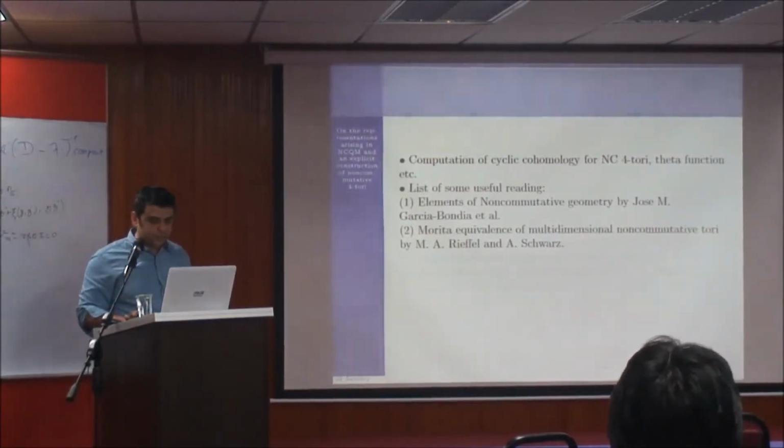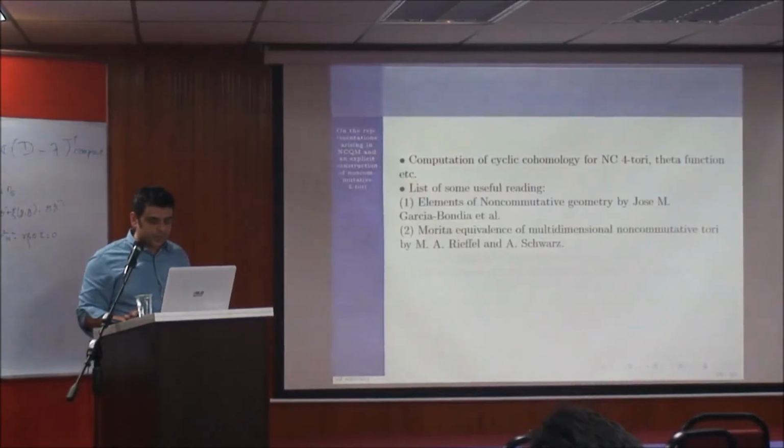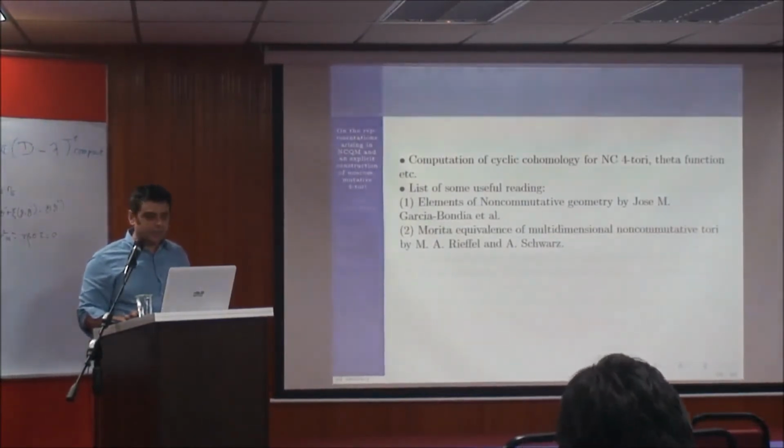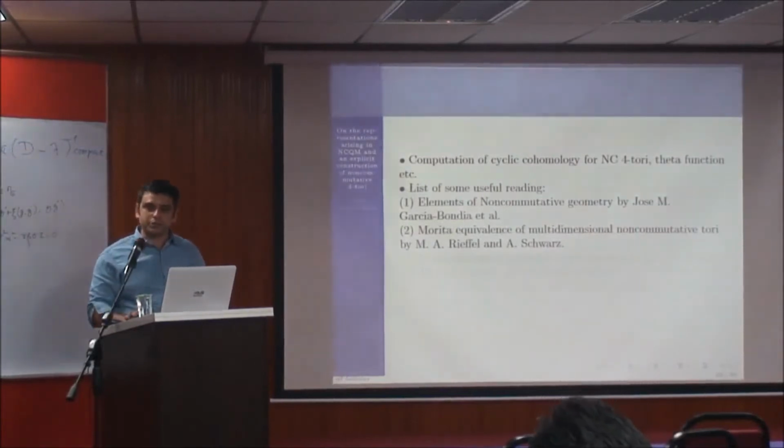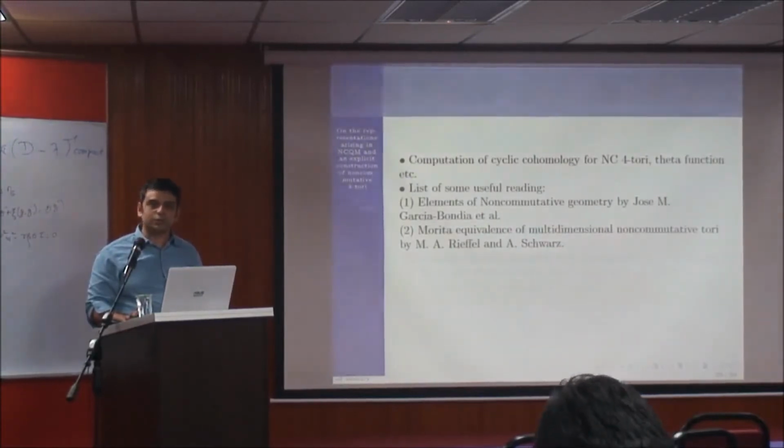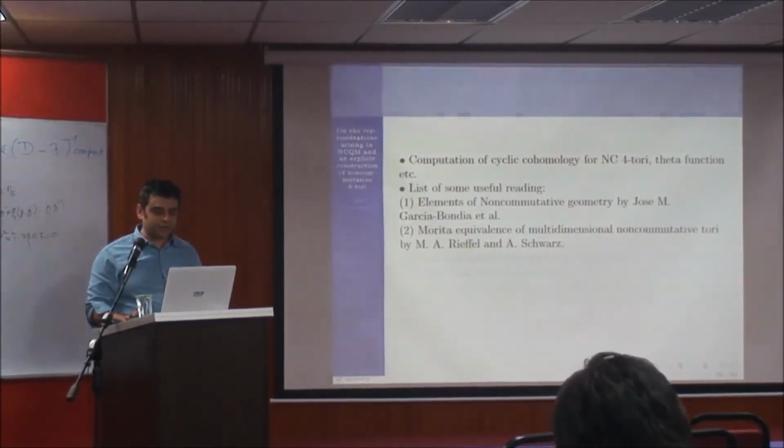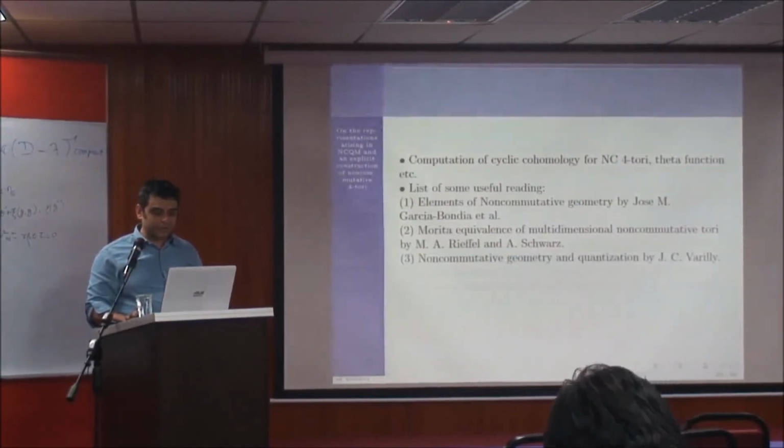There is a paper, I don't know where it appeared, I have to check it: Morita Equivalence of Multidimensional Noncommutative Tori by Marc Rieffel and Albert Schwarz. This is also of some importance if one wants to study the Morita equivalence of these algebras.